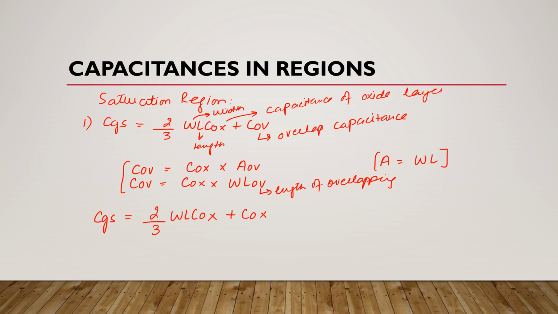Here I have substituted this value of overlap capacitance here, and here we have this area of overlapping. Okay, so you will use this formula to find gate to source capacitance in saturation region.